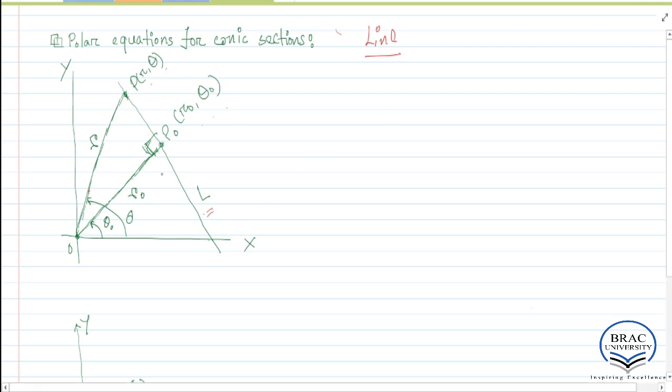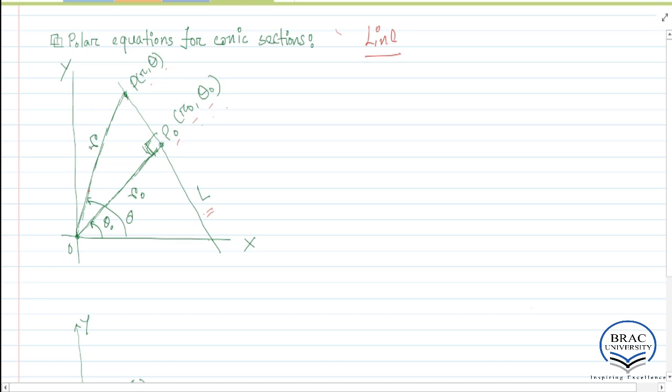So this line L passes through 2 points P and P naught. The coordinate of the point P is r comma theta, and the coordinate of the point P naught is r naught comma theta naught.